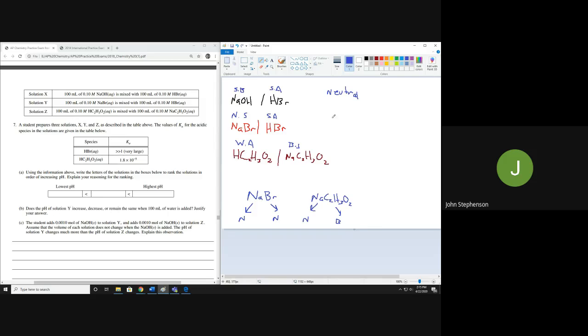It's going to be a low pH. Yeah, you're right. Low pH. It's going to be real acidic.